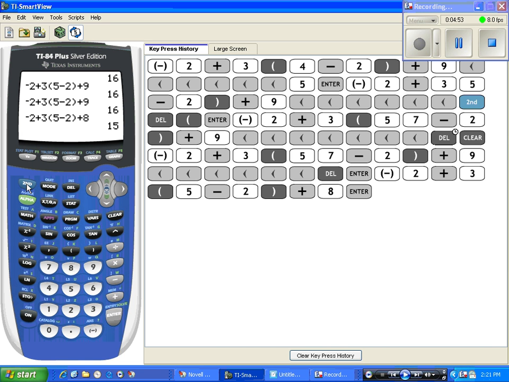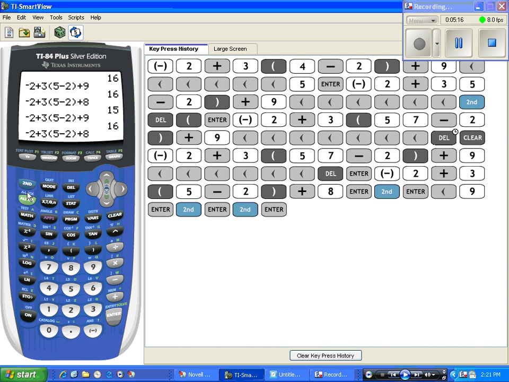So to go back, I can press second enter. That gives me entry. It brings back my previous typed entry, and now I can go back, make my repair, and hit enter. You can actually do the second entry multiple times and back up several different entries.